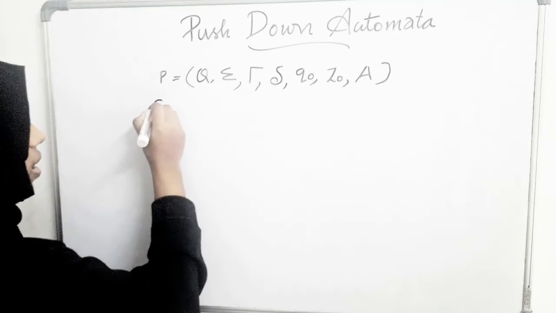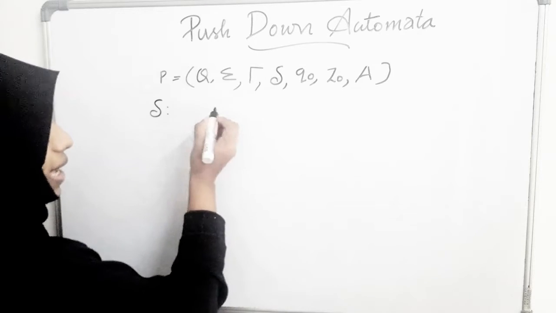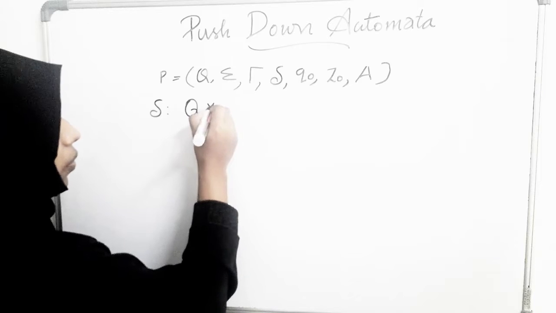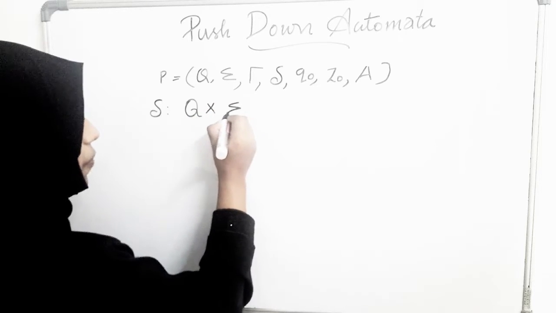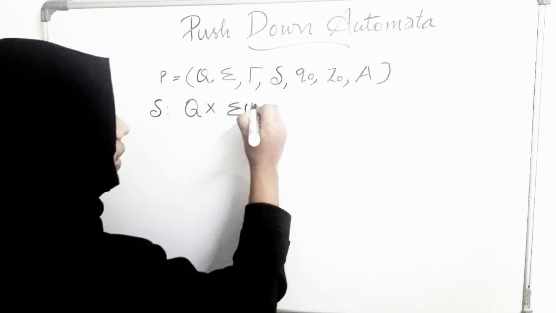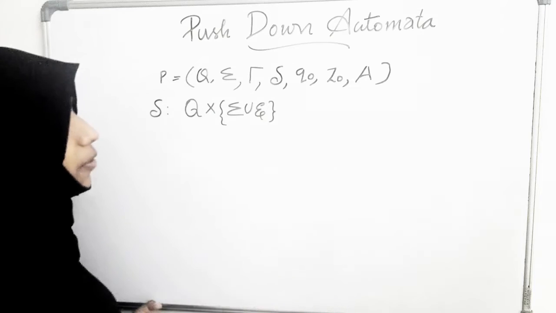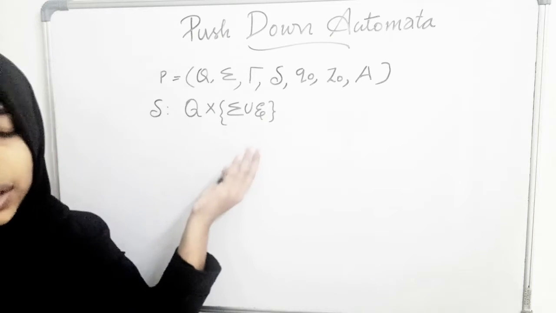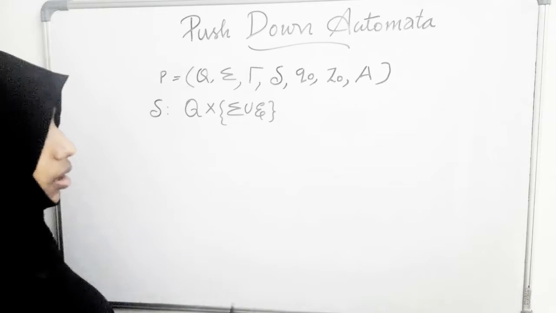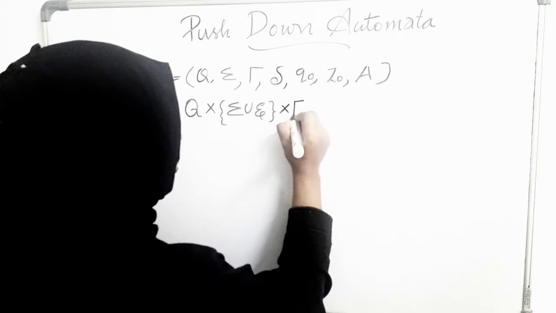Now delta is a transition function. Here delta has arguments: a state from Q, then any symbol from sigma, or it can even be epsilon, because it is almost like an epsilon NFA. So the input can be taken either from sigma or from epsilon. Then it has the stack alphabet tau.